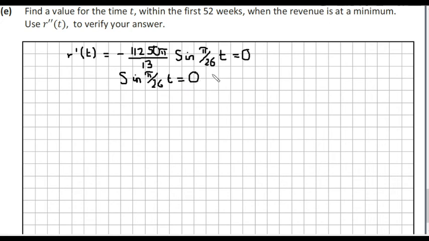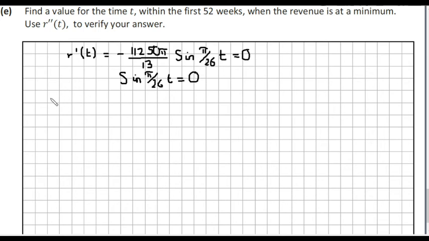This goes back to the unit circle. Sine is 0 when the angle is 0, also when it's pi, also when it's 2 pi, like 0, 180 degrees, 360 degrees, and so on.